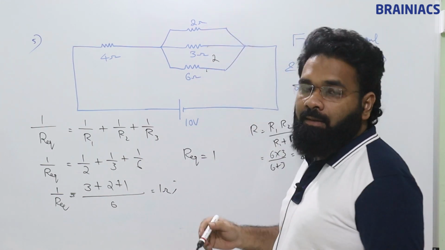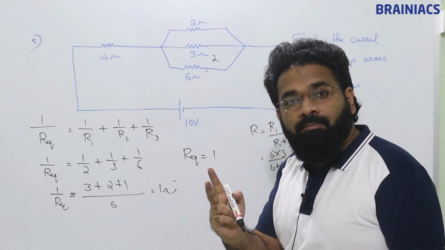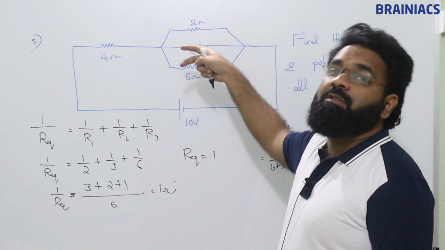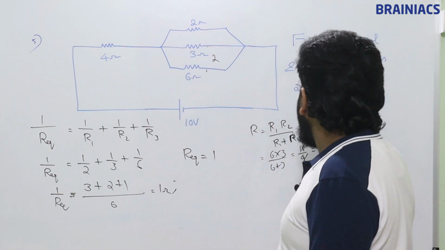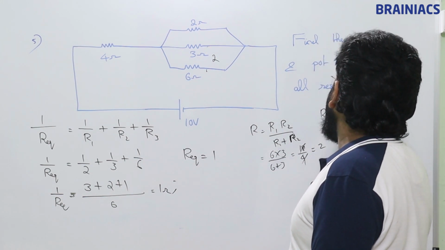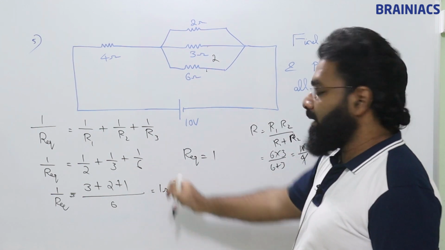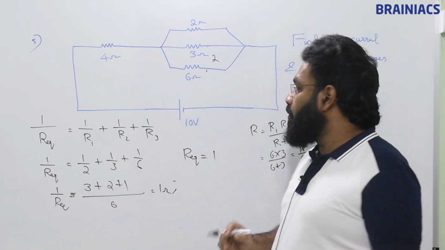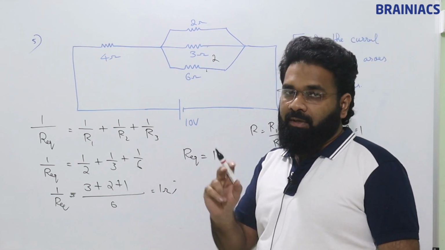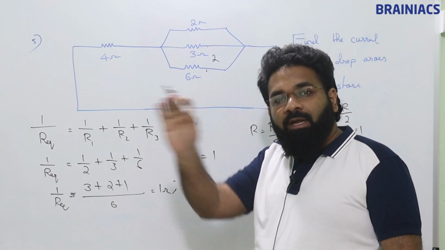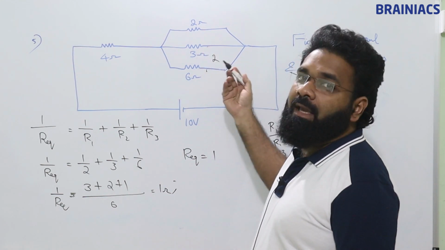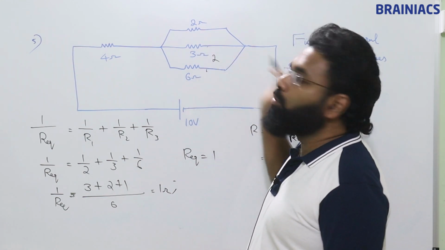Then 2 and 2 parallel. N resistances connected in parallel is nothing but R by N. Here 2 resistances of 2 ohm connected in parallel, R equivalent is nothing but R divided by 2. So 2 by 2, you will be getting 1 ohm, same as that. 6 and 3 are very common values. When 6 and 3 come in parallel, immediately you should take 2: 6 into 3, 18; 6 plus 3, 9; 18 by 9, 2.